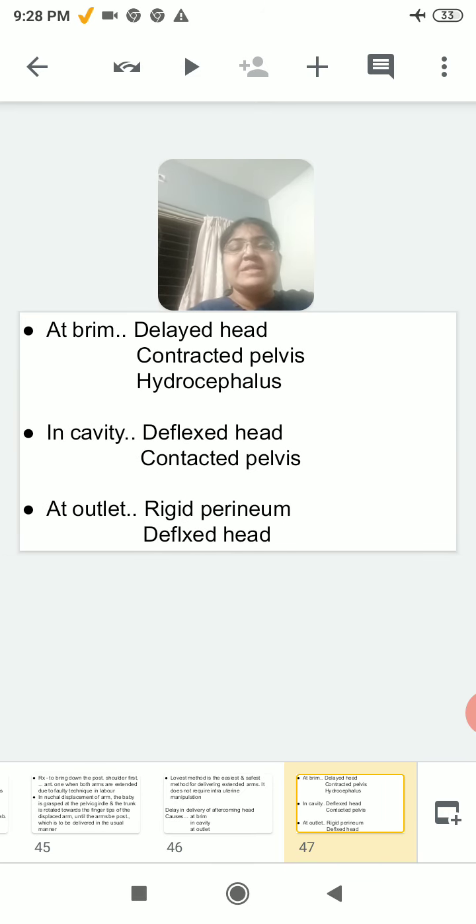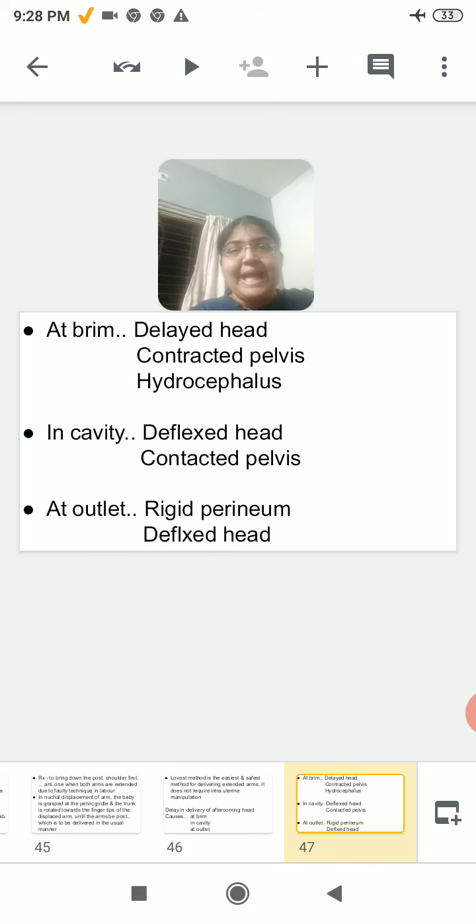When delay occurs at the pelvic brim, the causes are deflexed head, contracted pelvis, and hydrocephalus, where the fetal head is larger in size. In the contracted pelvis, you will find CPD, cephalopelvic disproportion, which causes delay in the delivery of the aftercoming head. Then delay may occur in the cavity. The probable causes are deflexed head and the contracted pelvis.